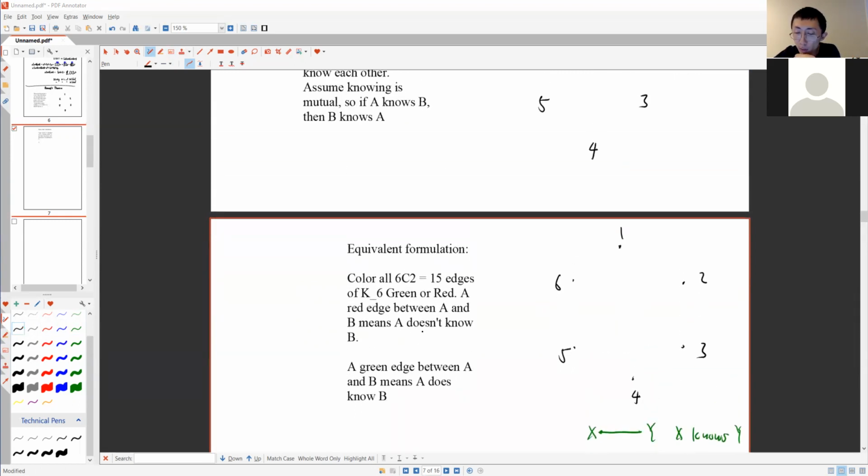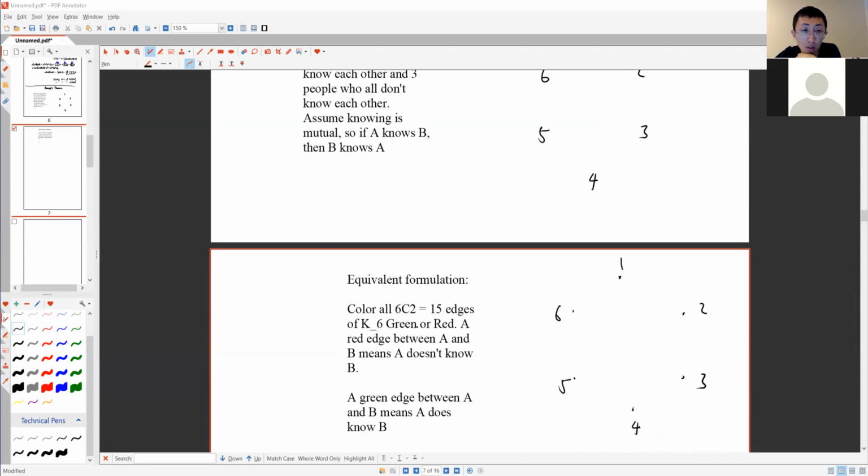So basically, we want to show that no matter how I color the graph, so maybe this is one color, right?